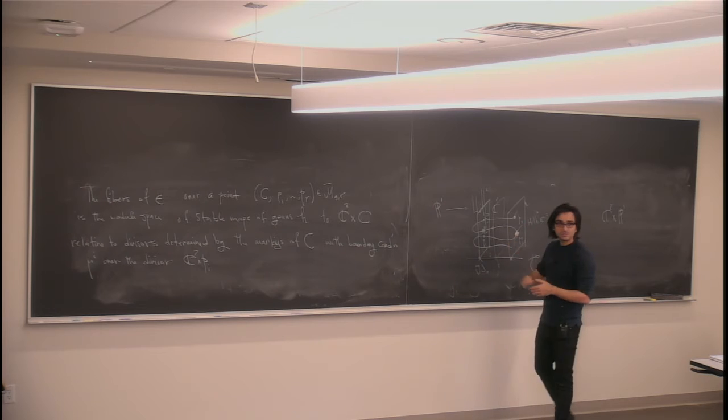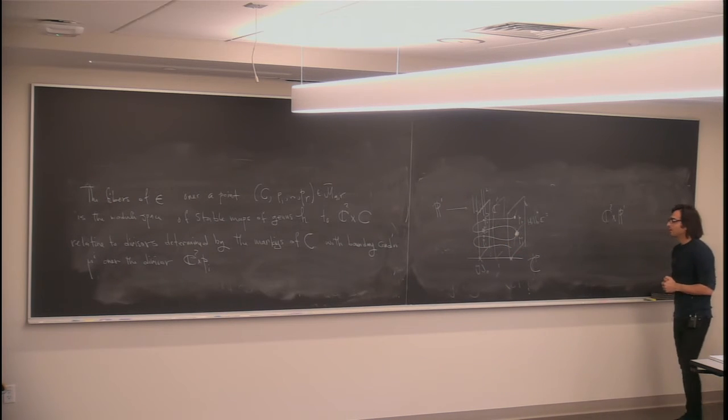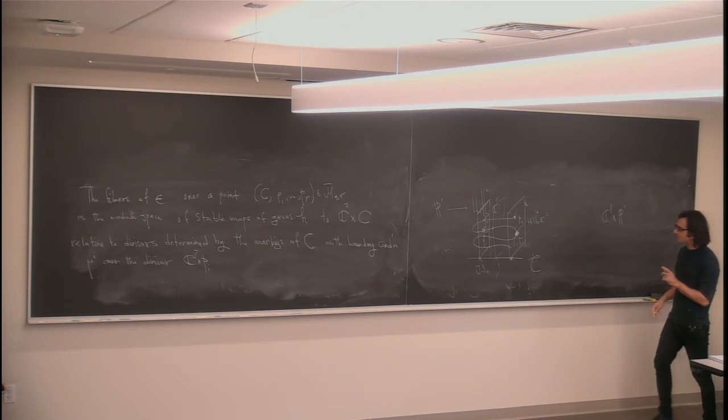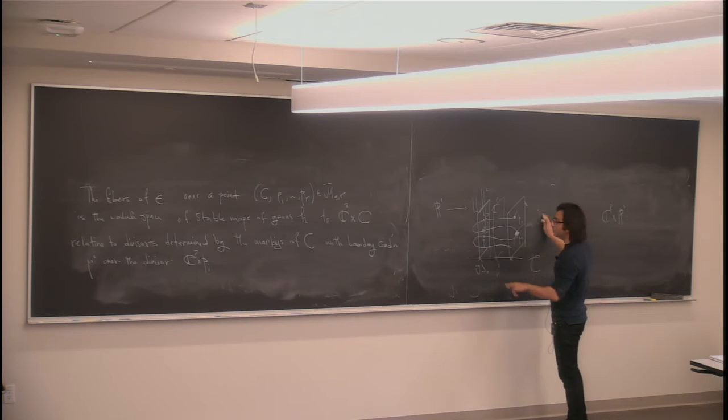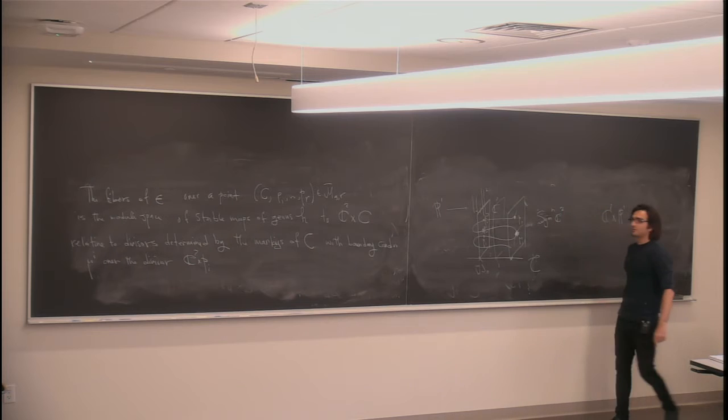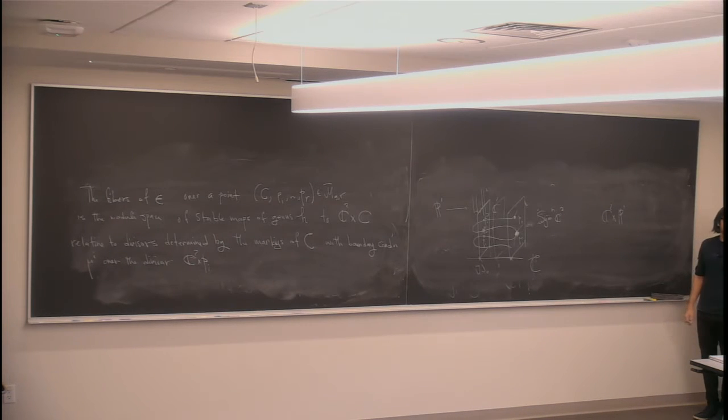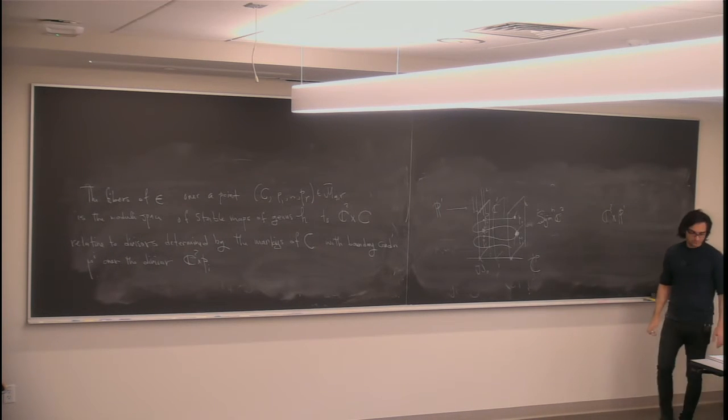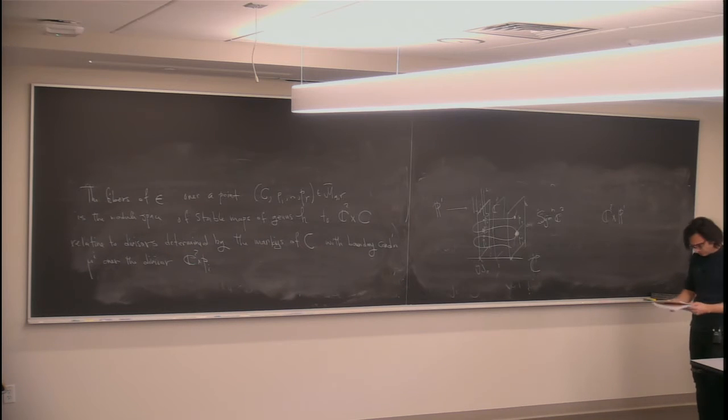Here our target is this space. Except one thing: this is an orbifold Gromov-Witten theory for now. Okay, so that's all I wanted to say.